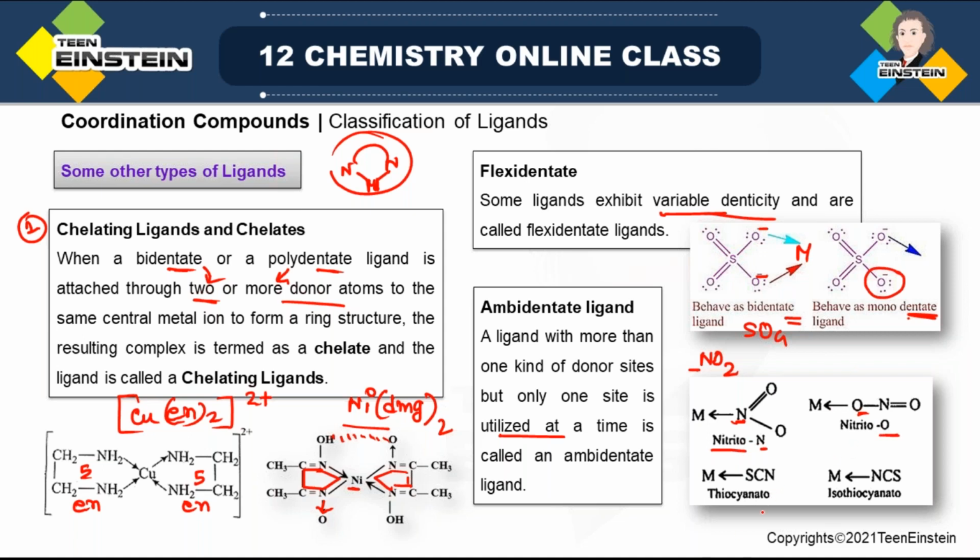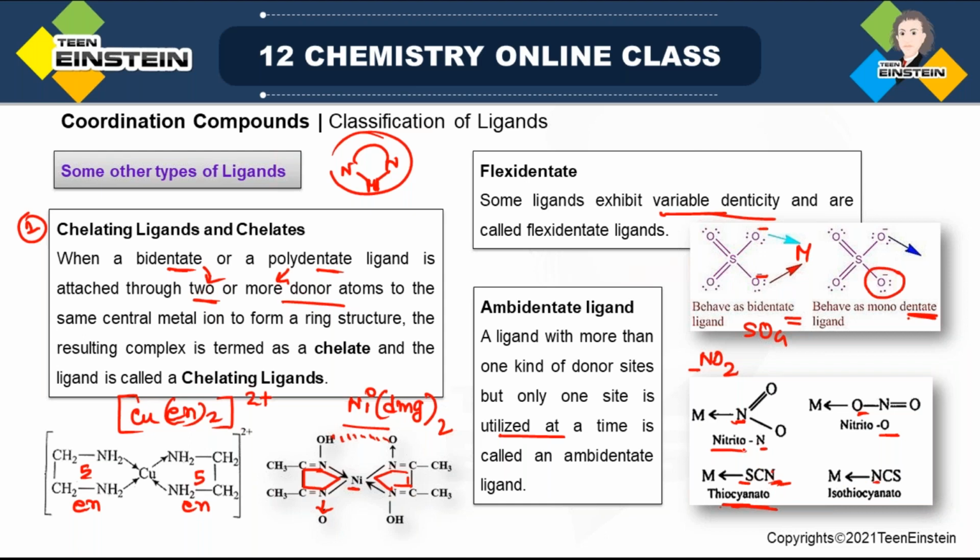Another example is SCN, thiocyanate. On one side we have sulfur, on the other side we have nitrogen. So the name we use is thiocyanate. SCN is cyanato, but when sulfur is there, it is thiocyanate. And if it is donating through nitrogen, that is the second picture, it will be called isothiocyanate.